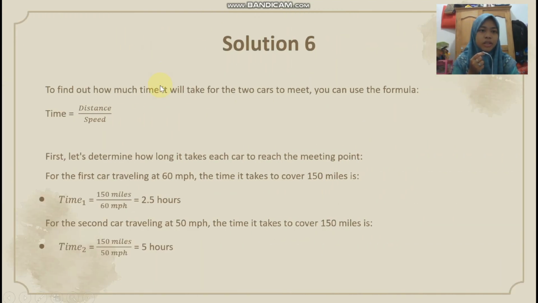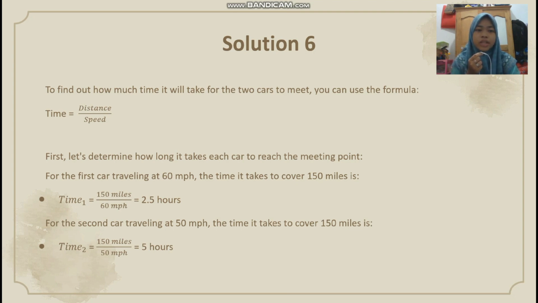And the solution: to find out how much time it will take for the two cars to meet, you can use the formula time equals distance divided by speed. First, let's determine how long it takes each car to reach the meeting point.